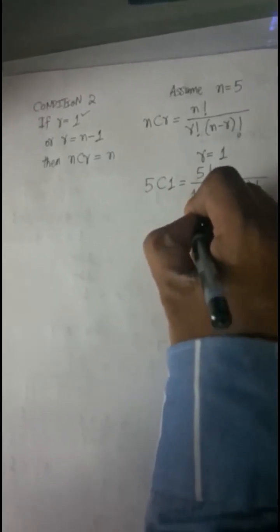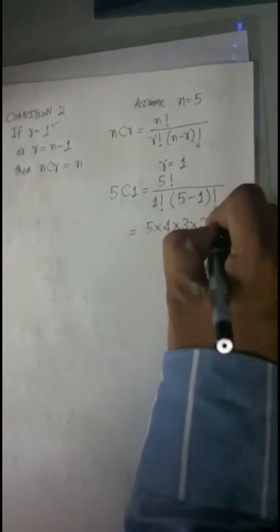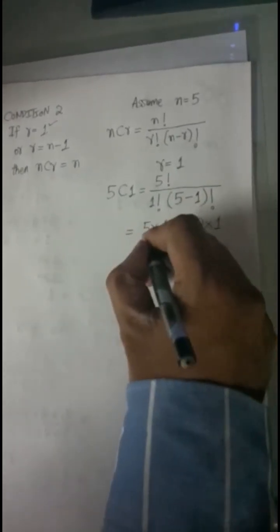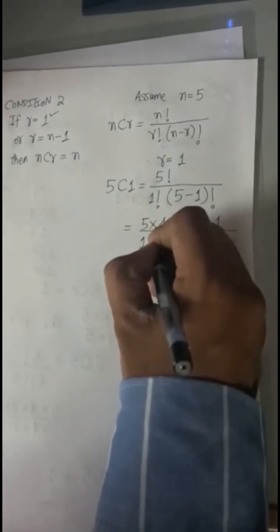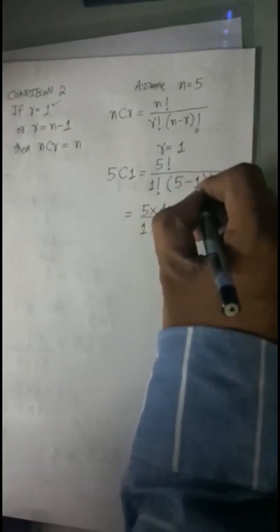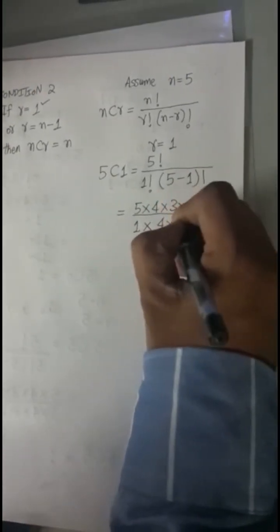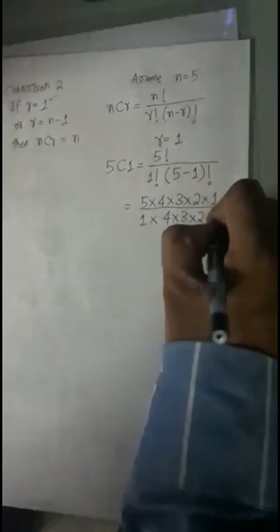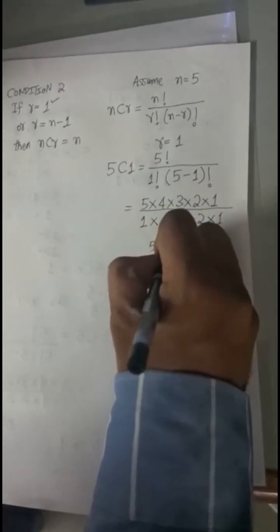So I will write 5 factorial as 5 into 4 into 3 into 2 into 1, divided by 1 factorial, which is 1, into 5 minus 1, which is 4 factorial. How will we write 4 factorial? 4 into 3 into 2 into 1.